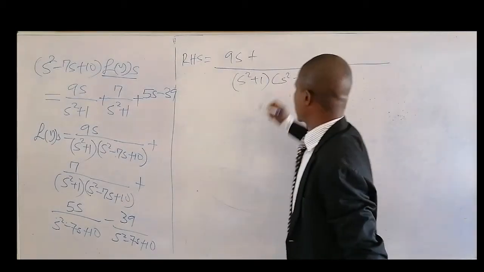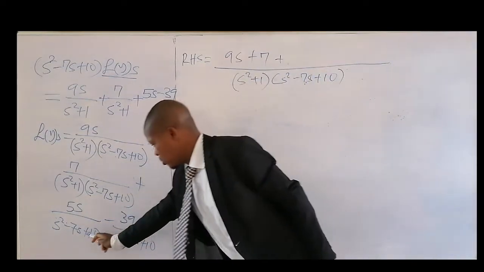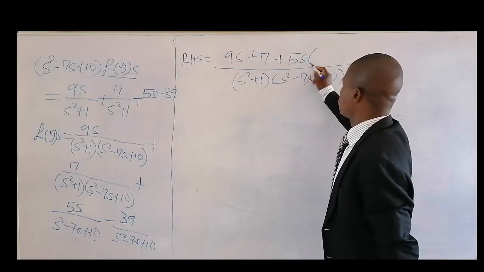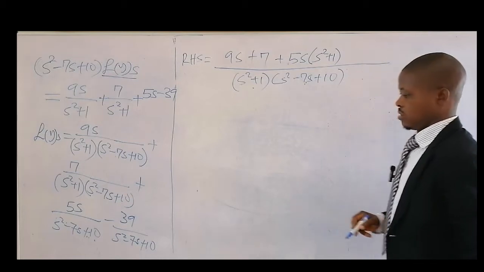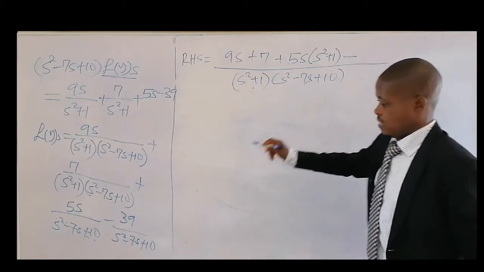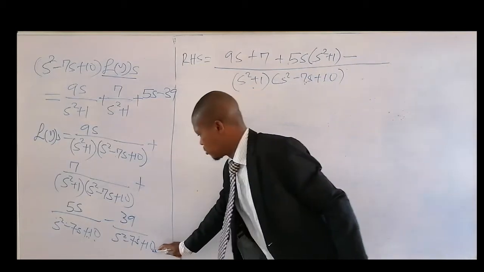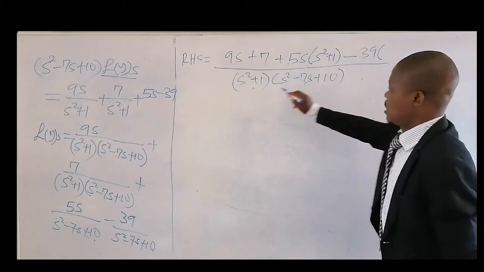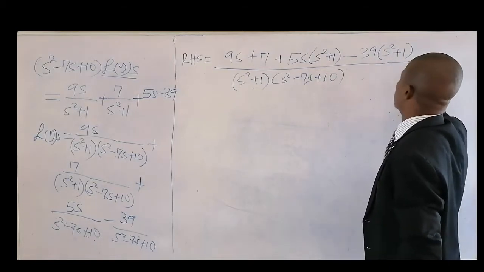Then plus, it will be 7. This we cancel. Then I have 5s times what? Times s squared plus 1. Then the last fraction here, this one we cancel. I have minus 39 times this one, s squared plus 1.